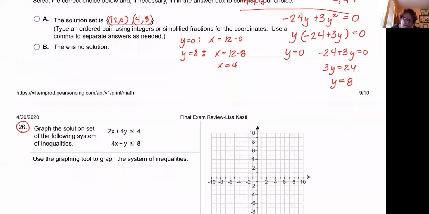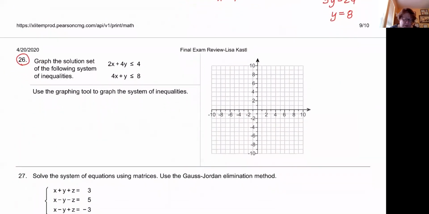All right, problem 26 is graphing a system of linear inequalities. And I would graph personally both of these using intercepts. It's just going to be so easy for me to graph that way. You could certainly solve for y and use the slope and the intercept, that's just more work than I'm willing to do.